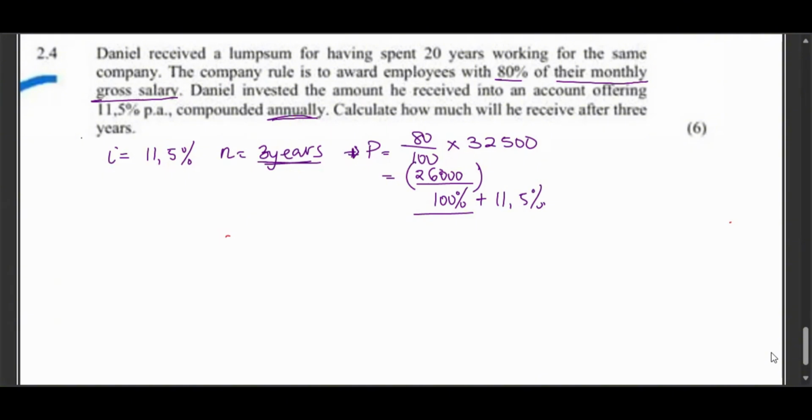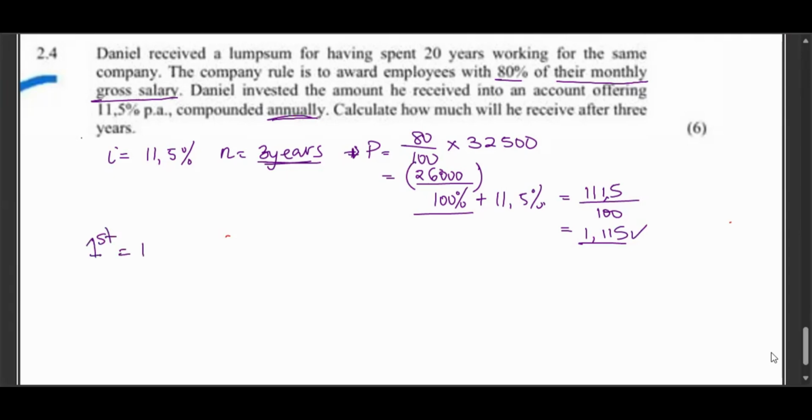Remember, they are both percentages. This means it's 111.5%. You see that? So we divide this by 100. You end up having 1.115.